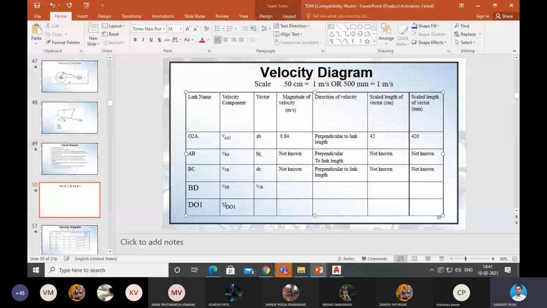What are the vectors? Along with the velocity we write the vectors, right? O2A, then AB, then BC, then BD, and then O1D.